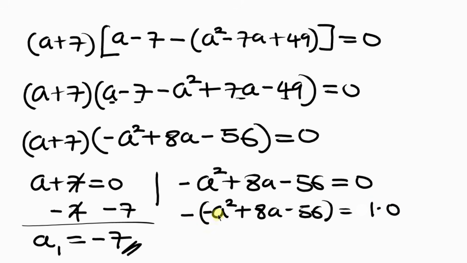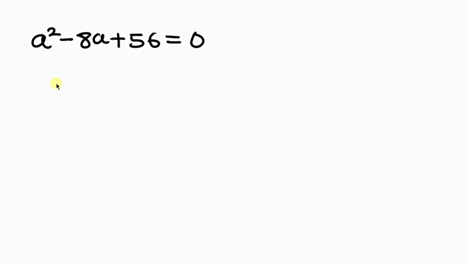So negative times negative is positive. So we now have positive a squared. So negative times positive is negative. So we have negative 8a. Now negative times negative is positive 56. And this is equal to 1 times 0 is 0. Very good.